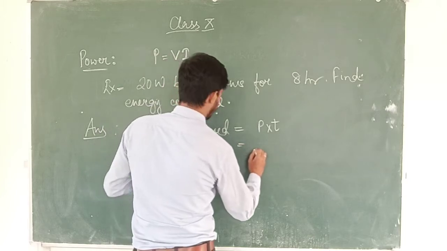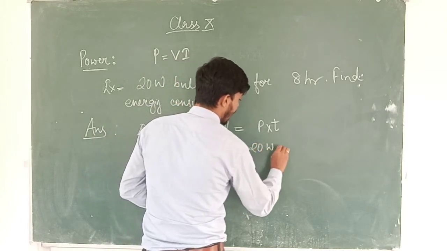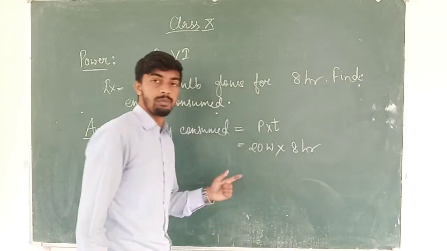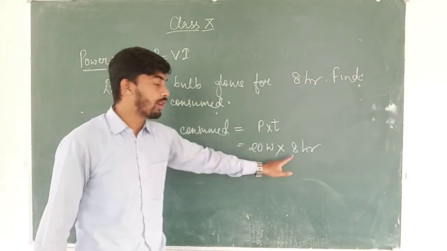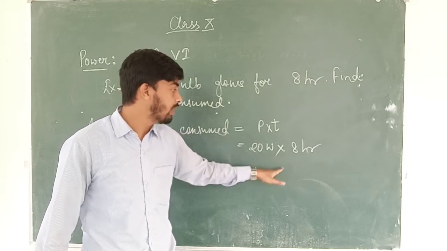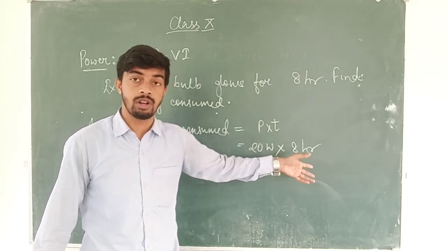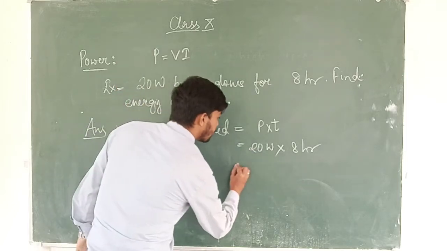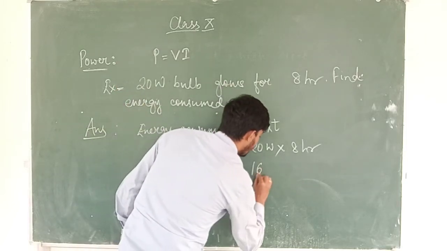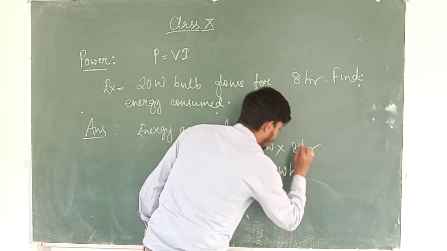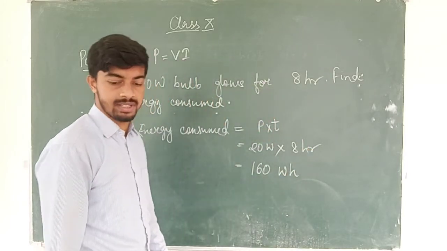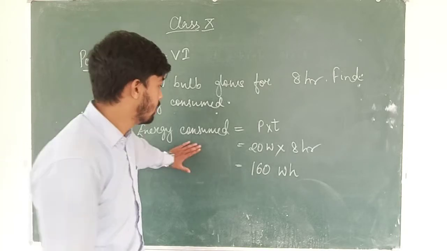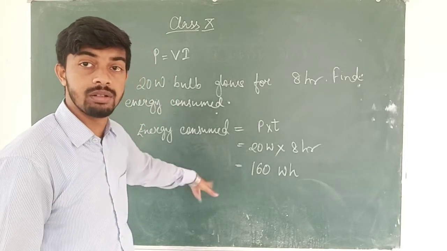Here we have power equal to 20 watt and the time of glowing is 8 hours. Remember, we don't have to convert this 8 hours into seconds because the unit used for consumption of energy basically is hour. So this will give us 160 watt hour. This is the energy consumed by the bulb.